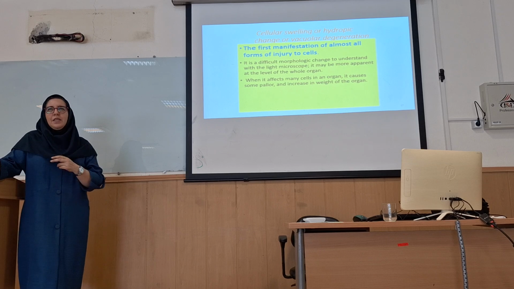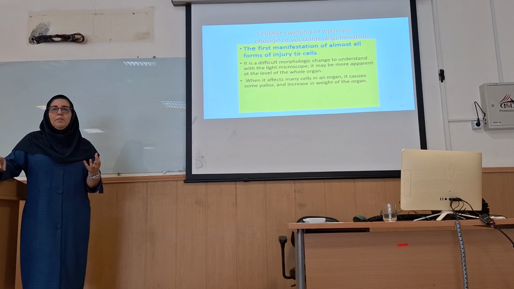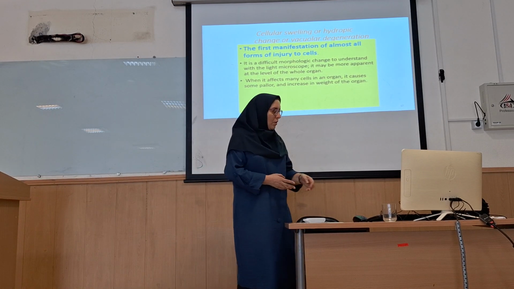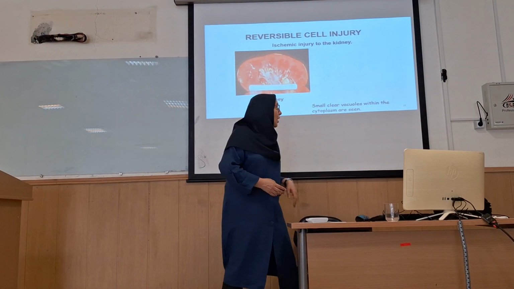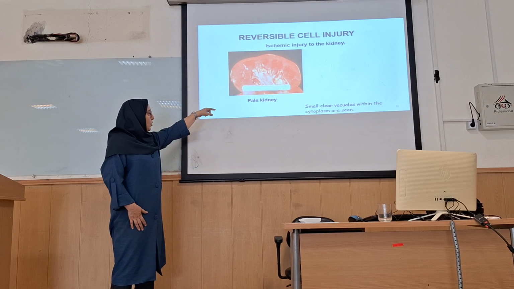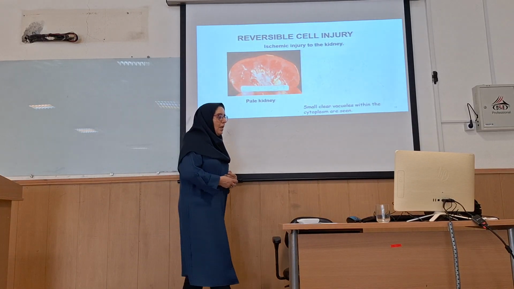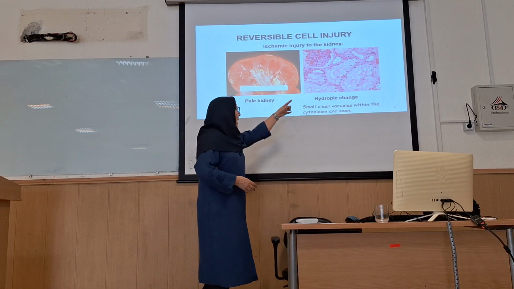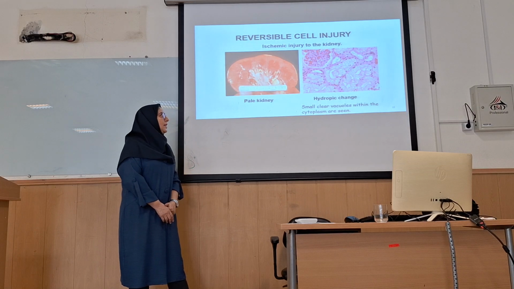But it is difficult to see on microscopic examination. The organ becomes swollen and larger. On macroscopic examination, for example, the kidney is pale after reversible injury, and at the microscopic level we have accumulation of many clear vacuoles in the cells.